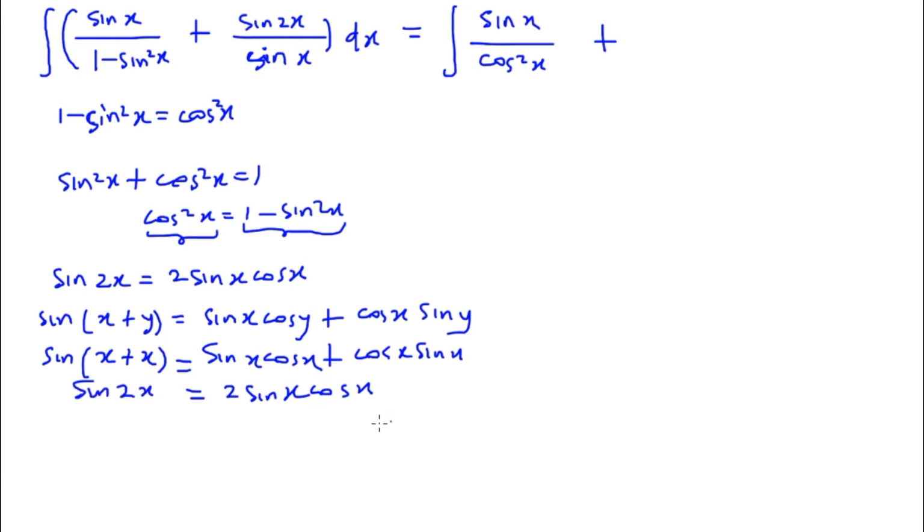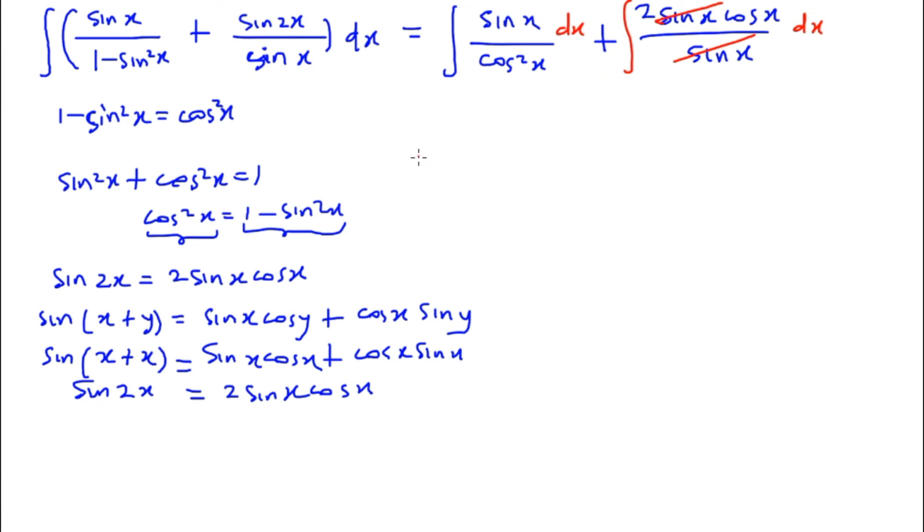So anytime I see sine 2x, I can always replace it by 2 sine x cos x, then upon sine x. And of course we can cancel out sine x. This is all with respect to x. I can do the integral separately since it is separated by a sign.